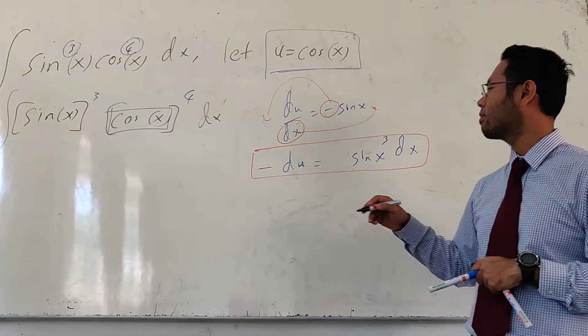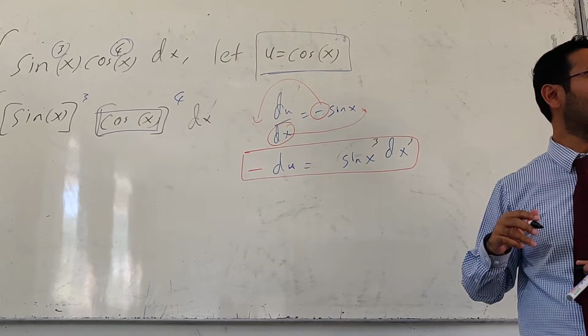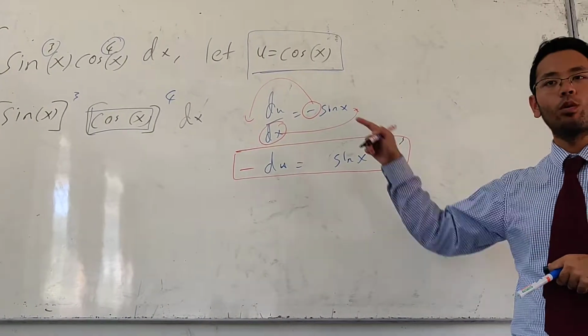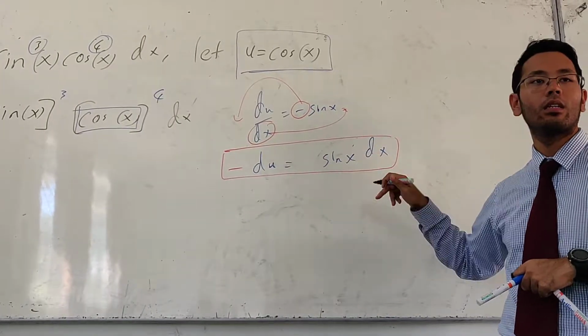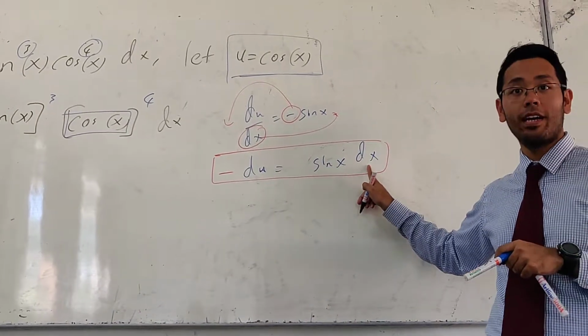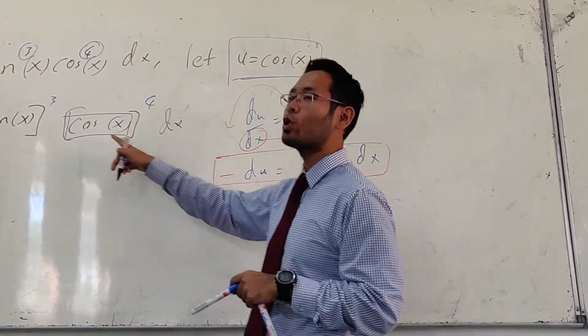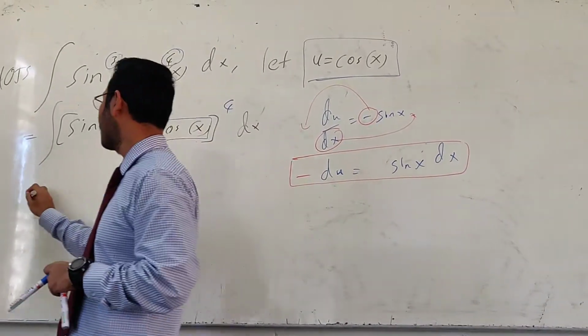But if you were to do it like that, your dx needs to be cubed as well. We only have one dx, so this is not a possible way. We want one sin x and one dx. How many sin x do we have here? We have 3. So we split it apart.